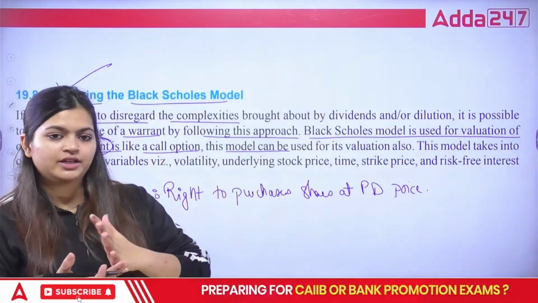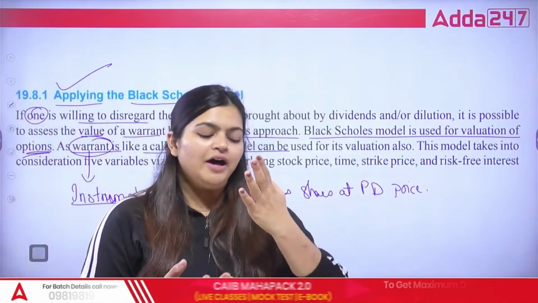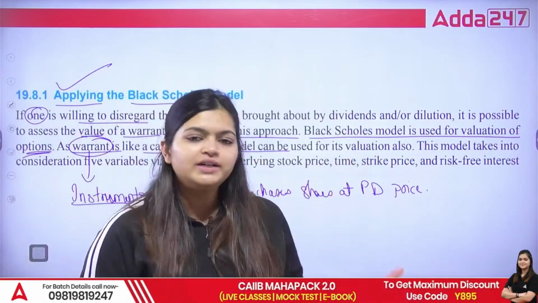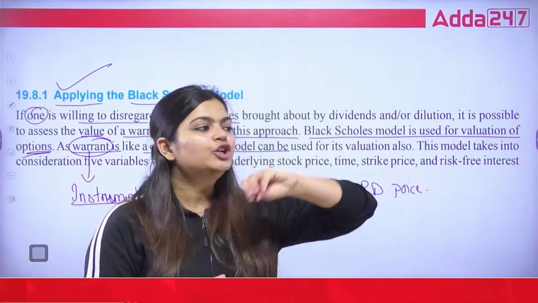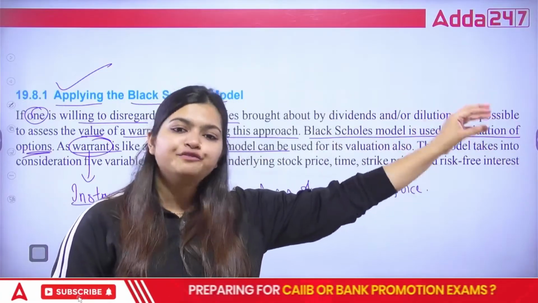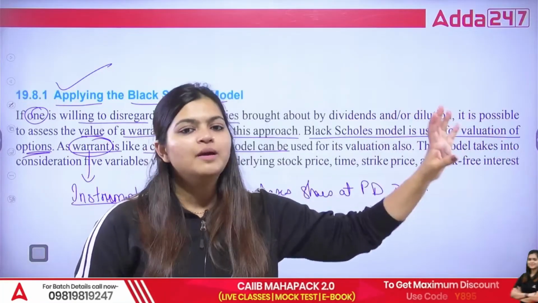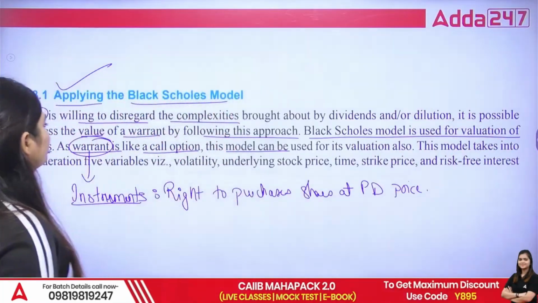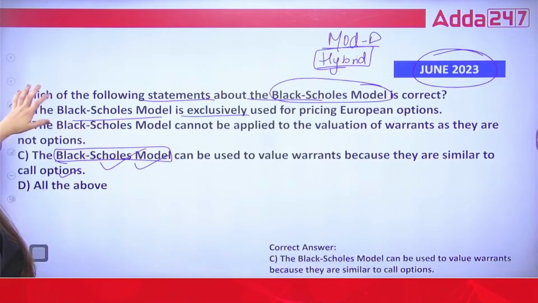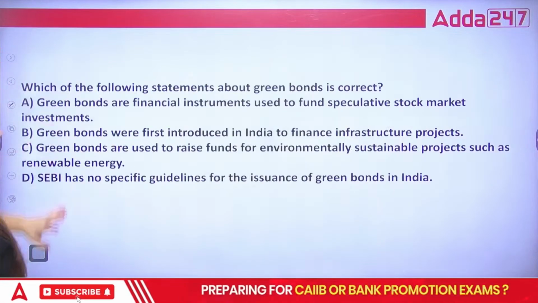Warrants are a type of instrument that you give to your holders, who get the right to purchase shares in the future at some predetermined amount and at some specific point of time. So that is your warrants. How can you value it? With the help of the Black Scholes model.